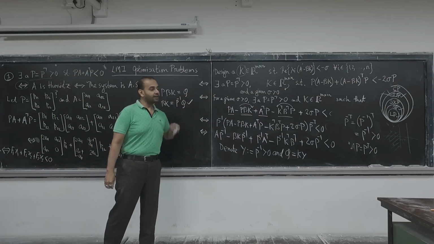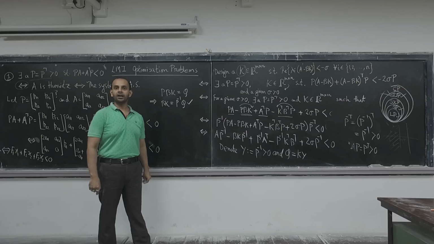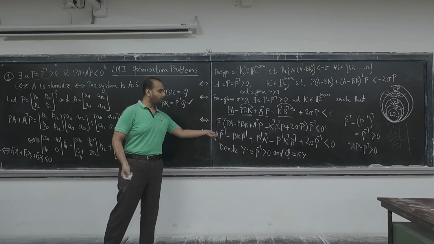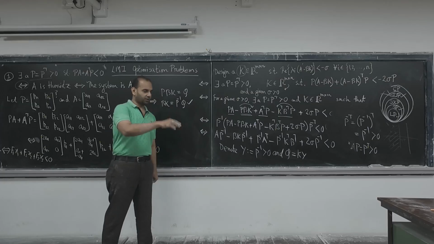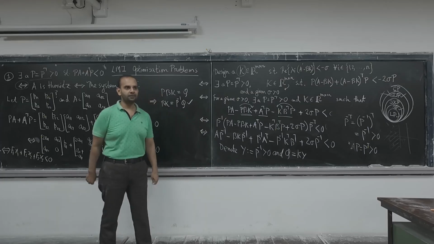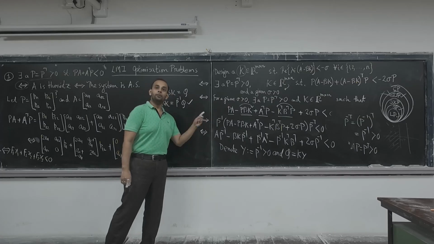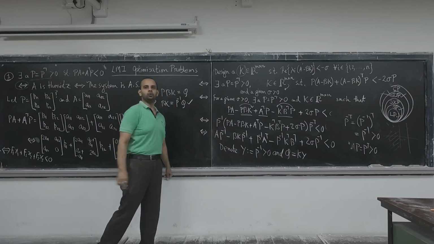Earlier, we started the inequality condition with K and P, but finally, when you have translated everything into a linear matrix inequality, it is no longer with respect to P and K, but with respect to Y and Q. Please complete the remaining two steps.